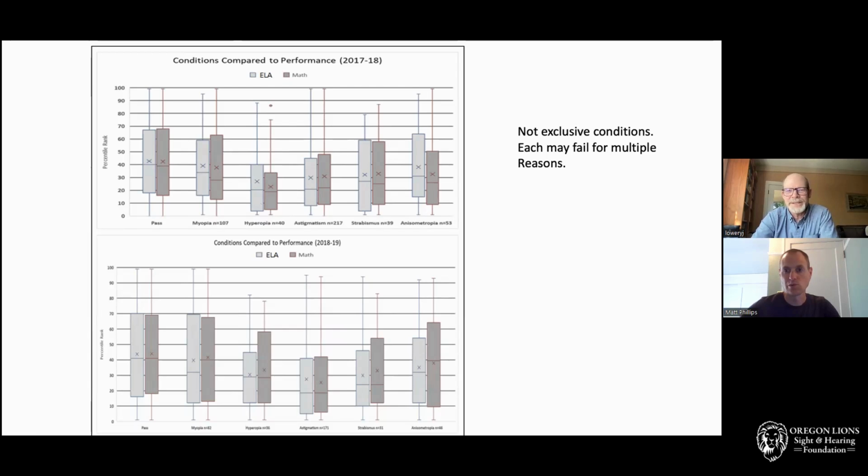But it's good to see that we are indeed going after the right kids, and at least trying to capture the right kids. And it particularly underscores the importance of catching those kids with hyperopia, because their test scores are more in the 15 to 20% lower range compared to children who pass.